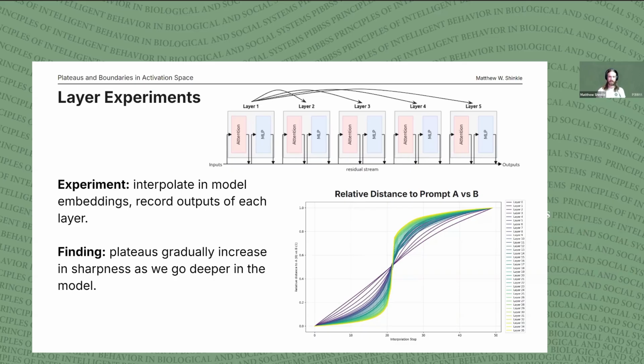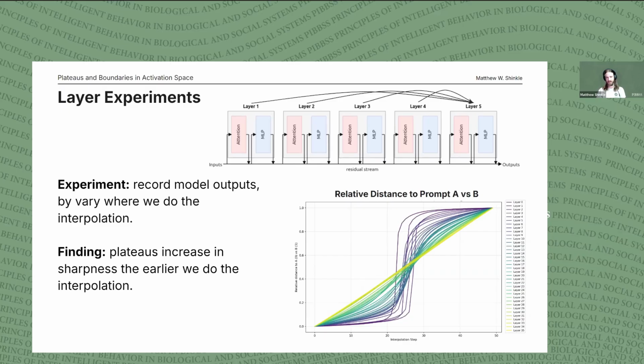So in this bottom right plot here, darker lines correspond to recording in earlier layers in the model, and the brighter lines correspond to recording in later layers. So as we can see in the results here, the deeper we measure in the model, the sharper the activation plateaus get, with wider plateaus and narrower, steeper boundaries in the middle between them. So this could mean that deeper layers of the model play a greater role in producing plateaus, or it could be a consequence of the activations passing through more layers.